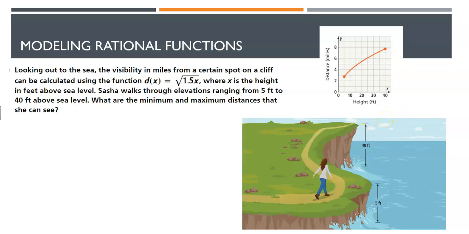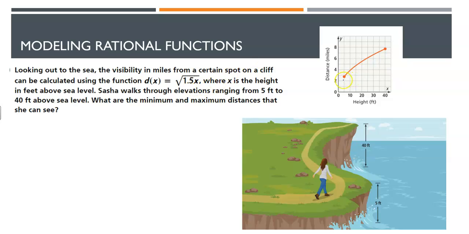The visibility, assuming it's a pretty nice day, from a certain spot on a cliff can be calculated using this function. D of x, the distance that I can see, is the square root of 1.5 times x. So x is the height that I am above sea level. Right here, she's 5 feet above sea level, and over here she'd be 40 feet above sea level.